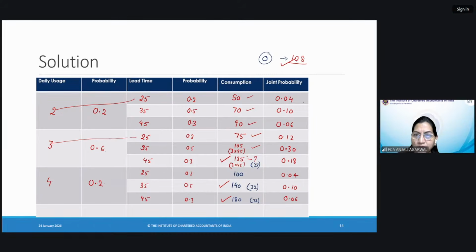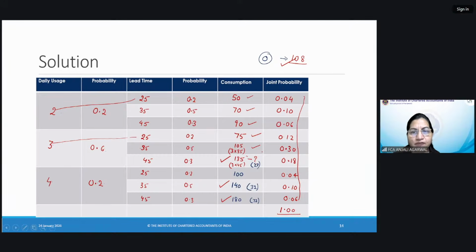When you make a total of this joint probability, it has to come as 1. So you can always in steps verify whether your calculations are correct or not.